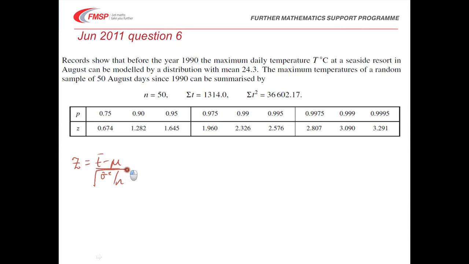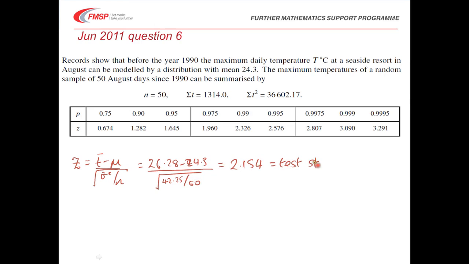You're given that in a formula sheet, so it's not so bad. If we calculate this, it's 26.28 minus 24.3, all divided by the square root of 42.25 divided by 50. That gives me my test statistic, which is 2.154.